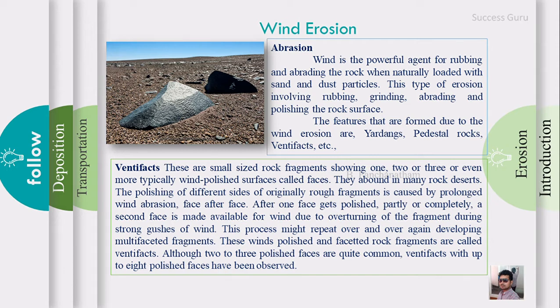After one face gets polished partly or completely, a second face is made available for the wind due to the overturning of the fragment during a strong gust of wind. This process might repeat over and over again, developing multi-faced fragments. These wind-polished and faceted rock fragments are called ventifacts. Although two or three polished faces are quite common, ventifacts with up to eight polished faces have been observed.